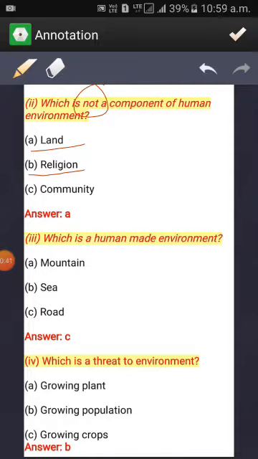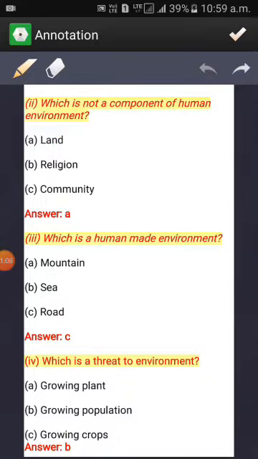Religion, it has human existence. Community also has human existence. So we have to point out that component which is not human. So the answer will be first, land. Land is not a component of human environment. It is actually a component of natural environment. So the answer is A.